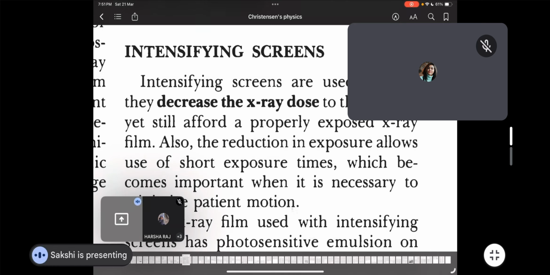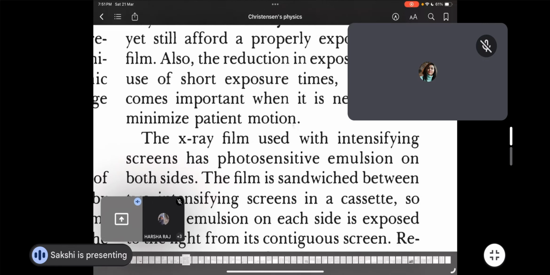Done with writing the answer? Harsha, Ananjay, Abhishek, done? Yes, ma'am. So here we can use shorter exposure times also.